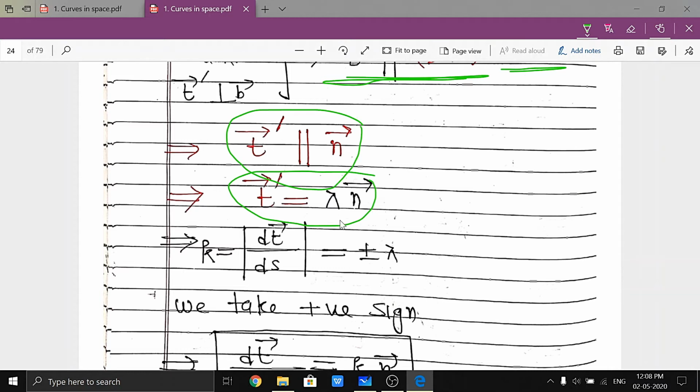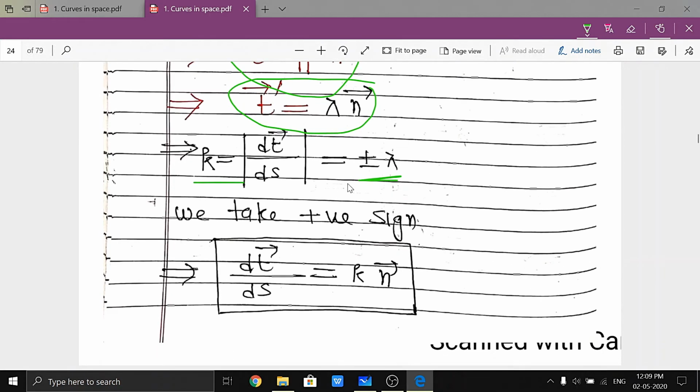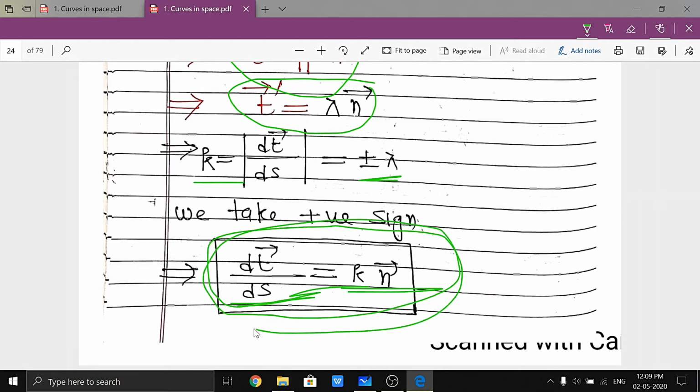So κ is equal to plus or minus λ. We take the positive sign, then λ is equal to κ. So dT/ds is equal to κN. This is our first result.